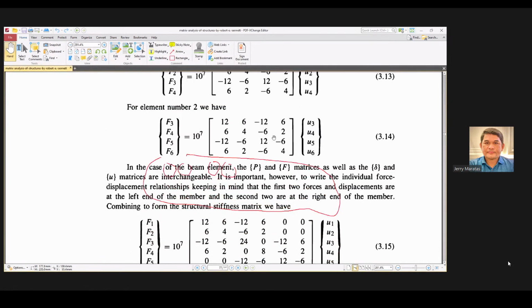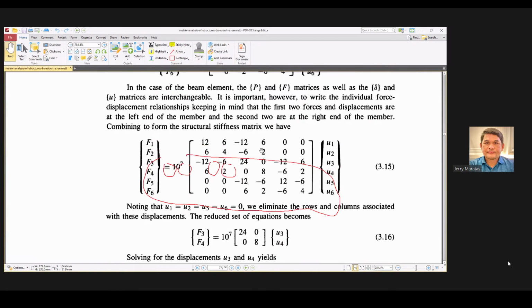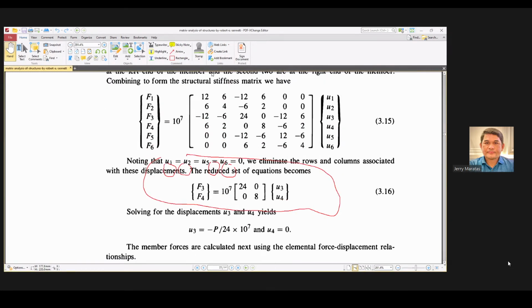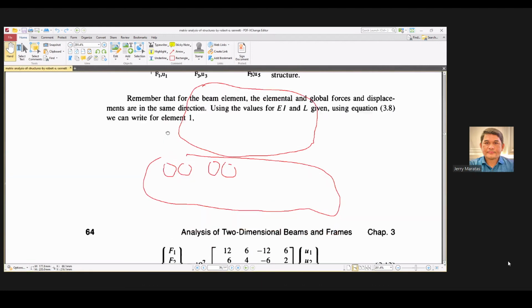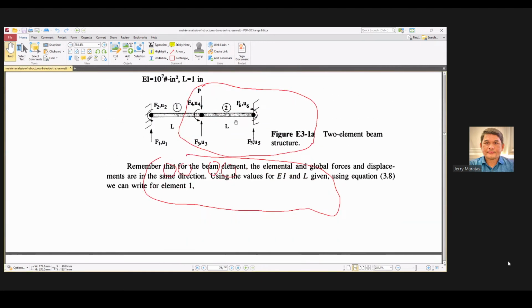Then after that, you combine these to get our structure stiffness matrix. Now you expect this to be 6 by 6. Why 6 by 6? How many nodes are there in this structure? 3.